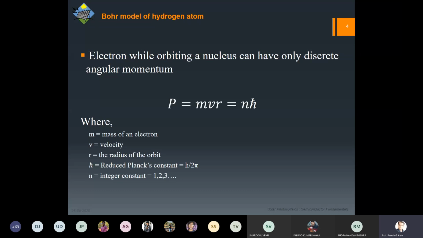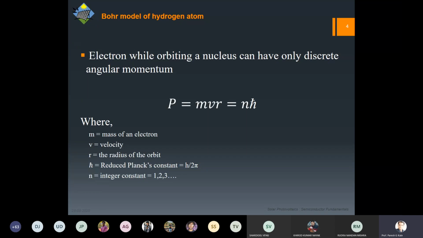Now, obviously, mass is constant. The velocity would also be constant if they are in the same environment. So what is changing is the radius, and later we will see that this radius depends on a simple integer constant n. As it is an integer, we can have 1, 2, 3.